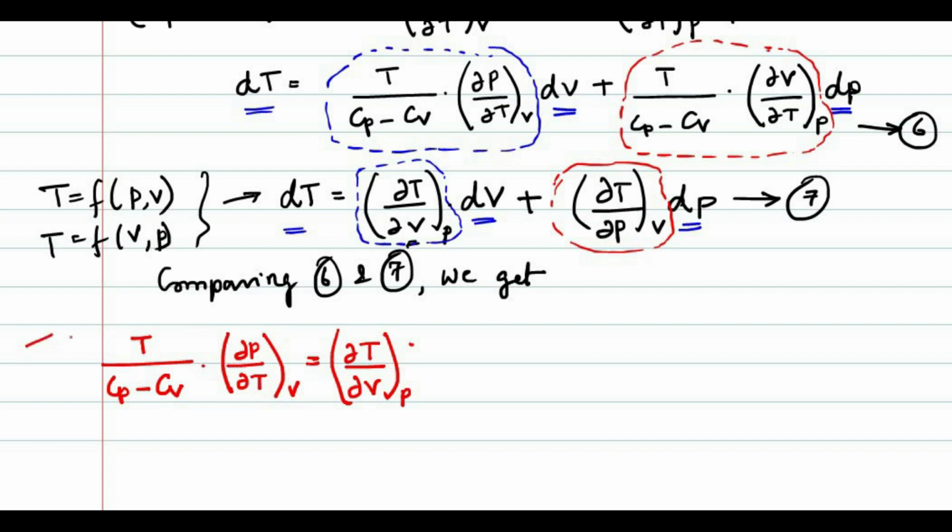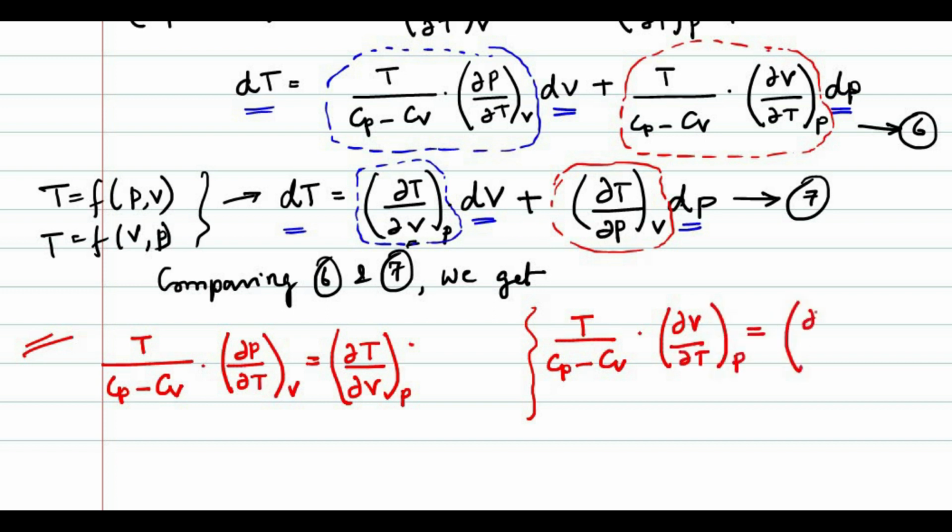So this equation I will be getting if I equate the terms before dV, and if I equate the terms before dP, I will be getting T divided by Cp minus Cv into dou V by dou T at constant pressure is equal to dou T by dou P at constant volume.